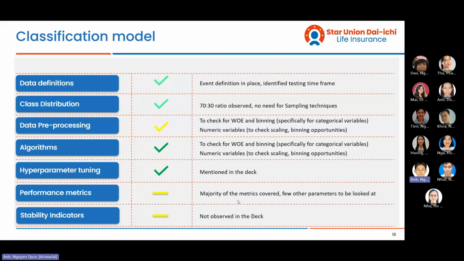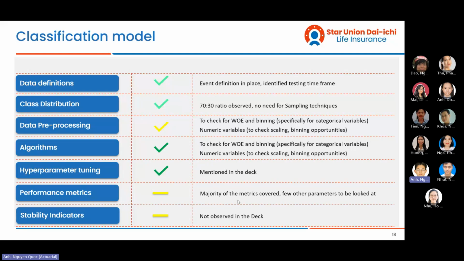It is a straight-to-start kind of data set without any imbalances. But what we have observed going down the line, in the 6 months of testing, is that the 70-30 has converted to 65-35.